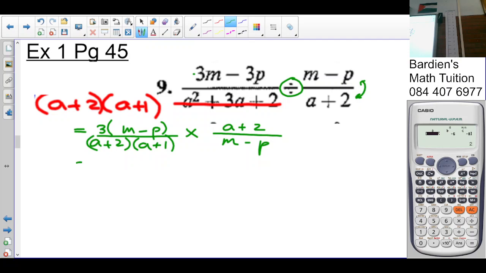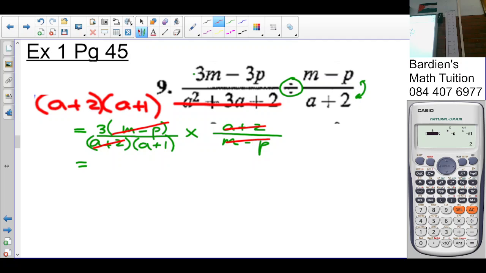Okay? I'll give you a chance again to simplify that. Alright, so what happens? m minus p cancels m minus p. a plus 2 with a plus 2.